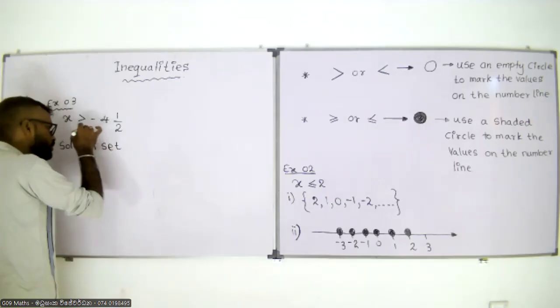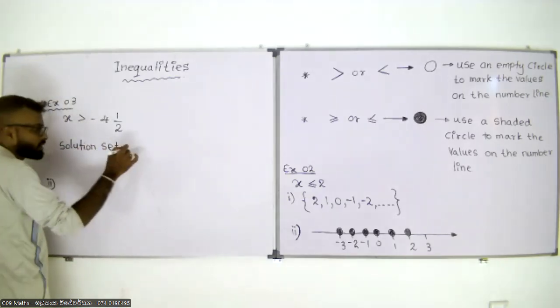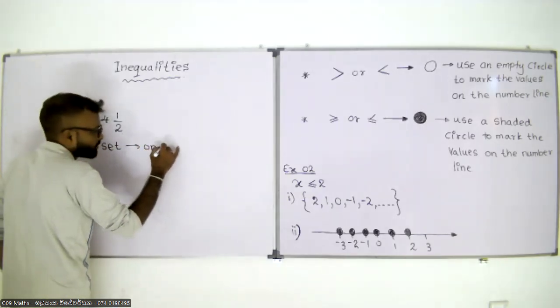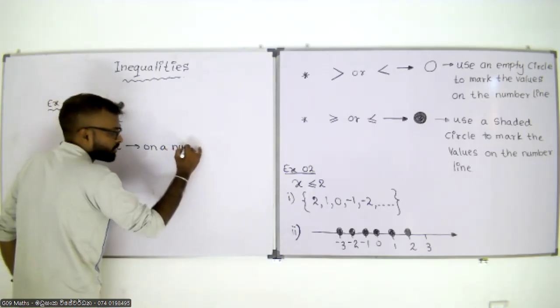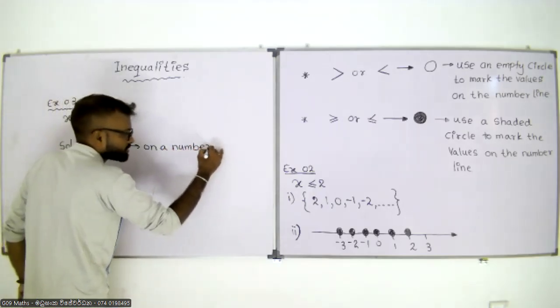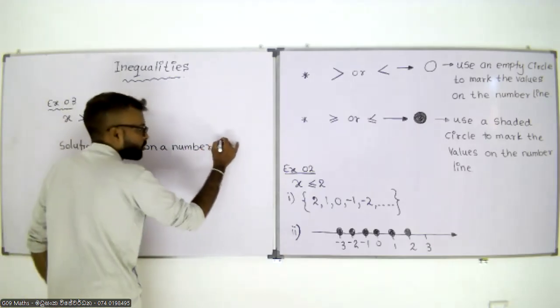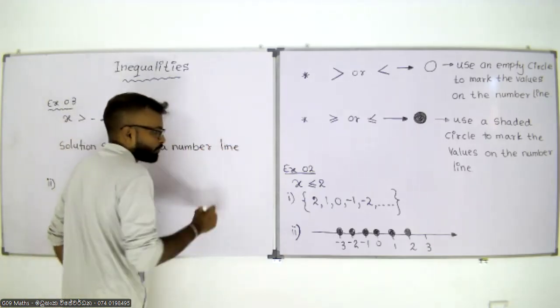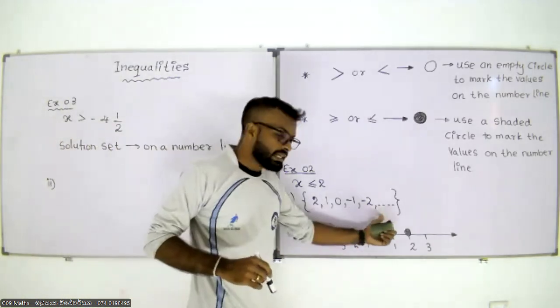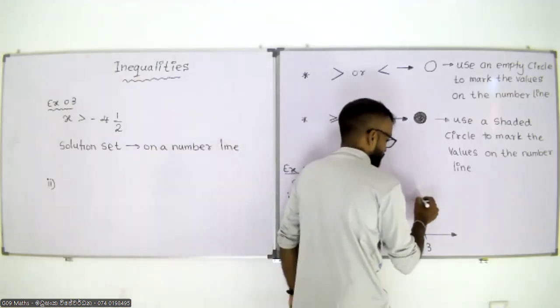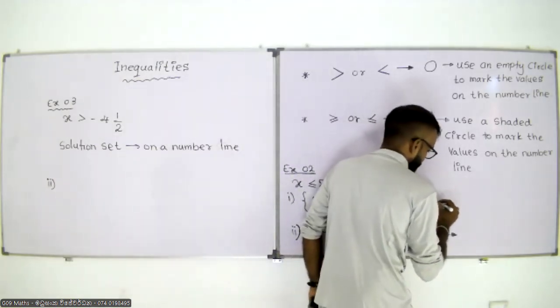You have to mention the solution set on a number line. This is an important thing. This is a place where you go wrong in the exam. But here they ask for integral set, integral solution. Take an integral solution.